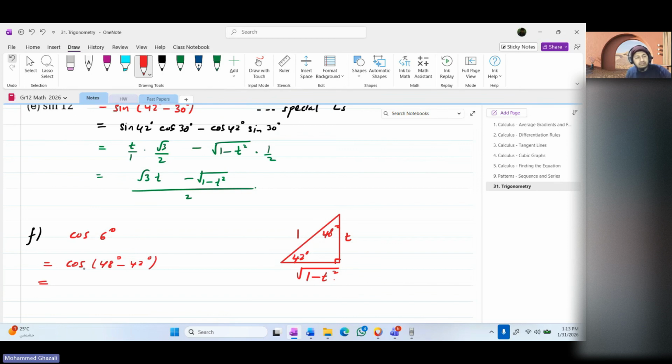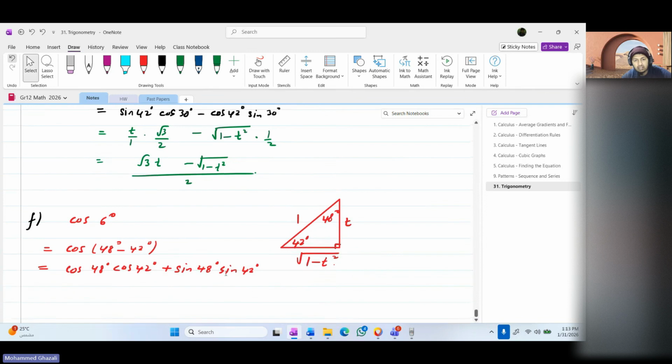So now you're going to have cos of 48 minus 42, cos 48 cos 42 plus sine 48 sine 42. Let's simplify.